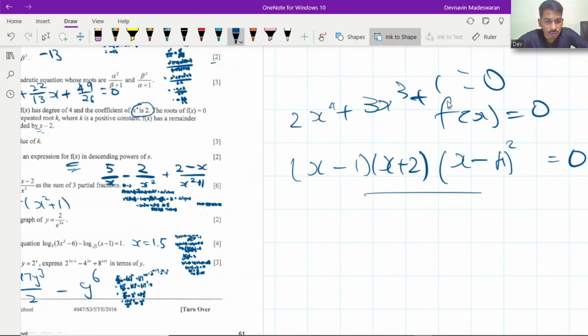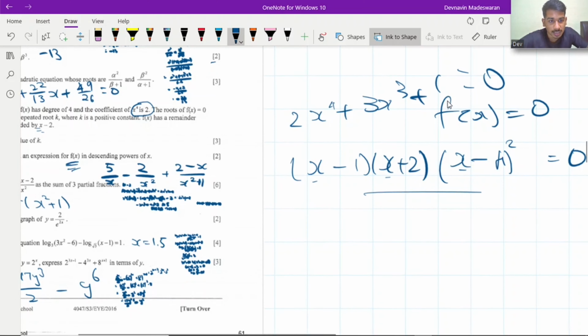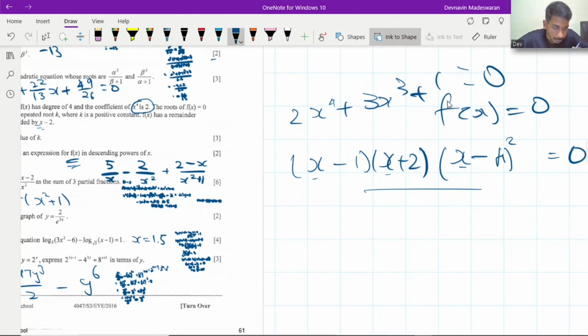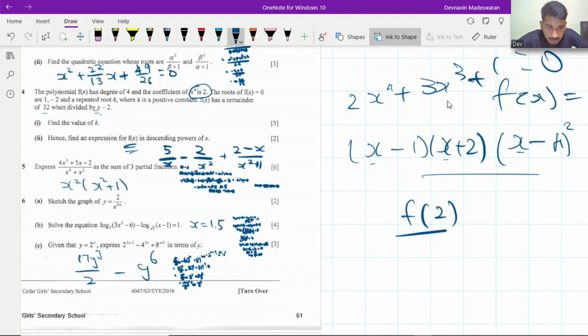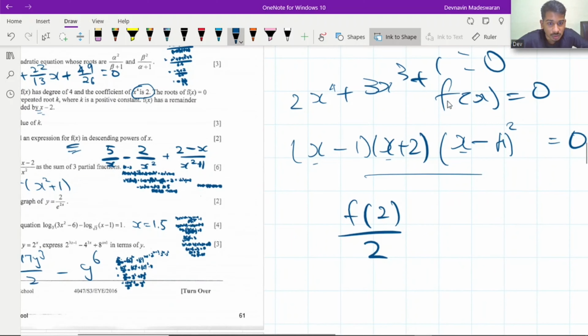The coefficient of x squared is 1 here, so we had to divide everything by 2 to get to this point. So f of 2 divided by 2 will be the same as subbing in 2 to this equation. That's my postulate, my assumption.